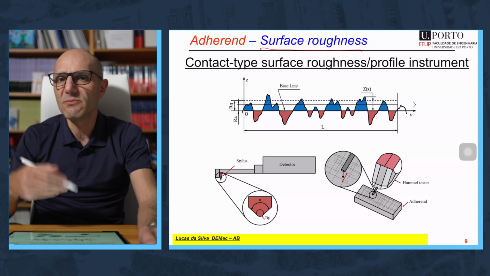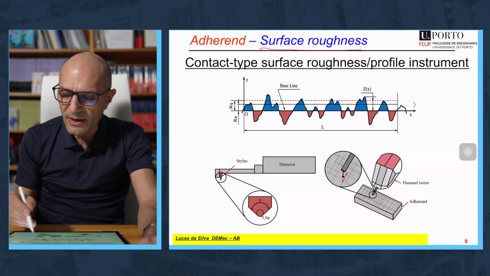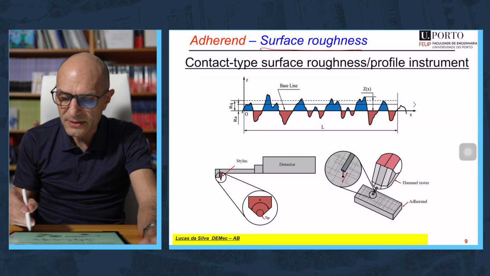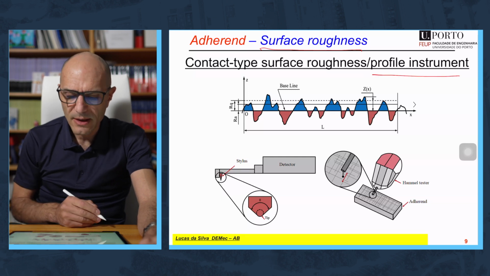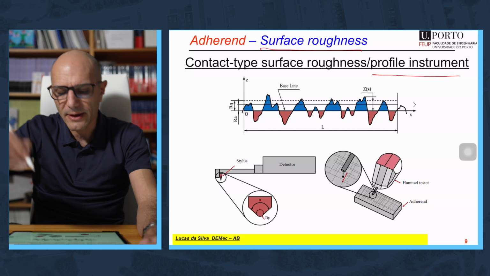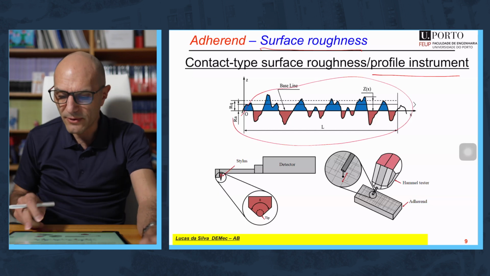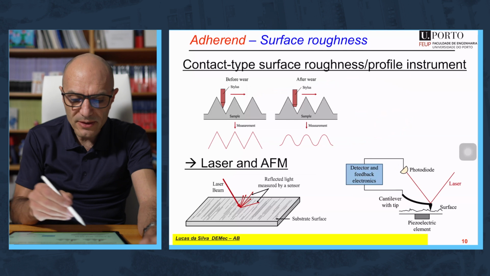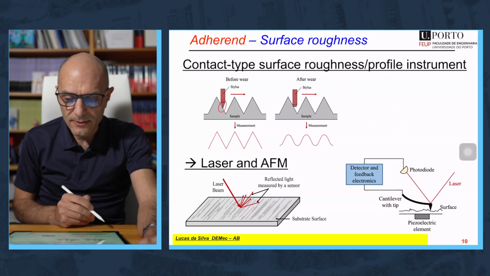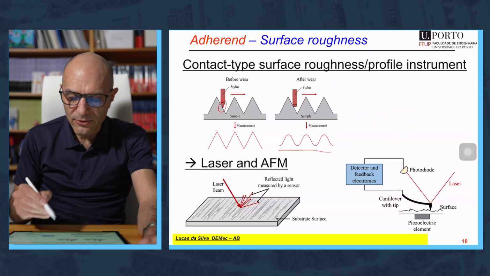Of course, again, this you know as well as me, the various methods that exist. The profile instrument is the most common one. You do a line and you have an idea of the surface of the substrate. However, many times the stylus gets worn and you might have wrong results.